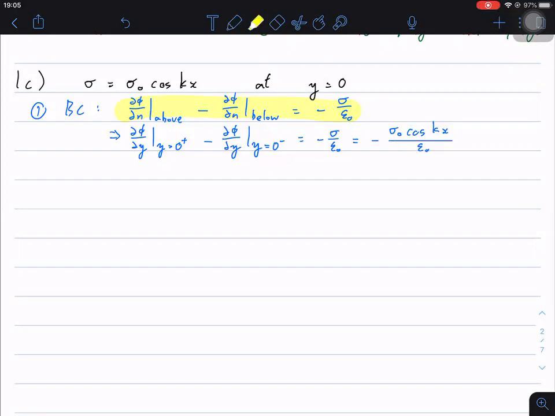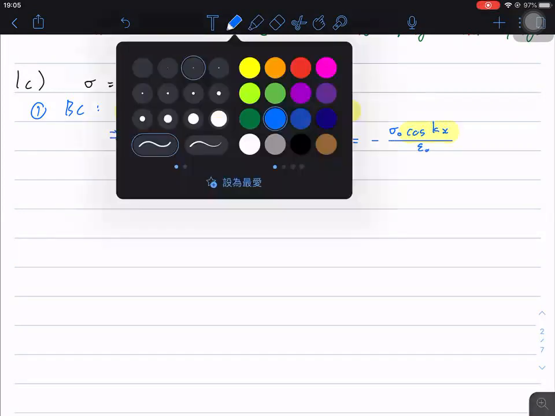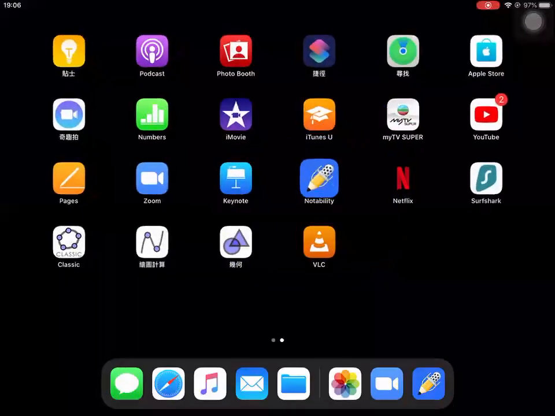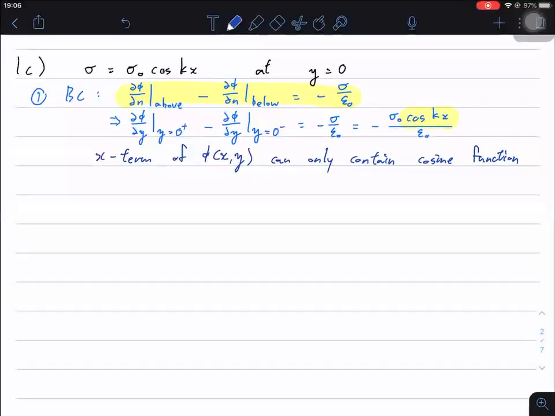And by looking at the right-hand side alone, we find that because on the right-hand side we only have cosine kx, the x term of the potential phi can only contain the cosine function. Okay.